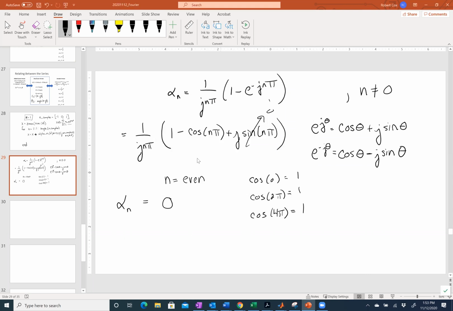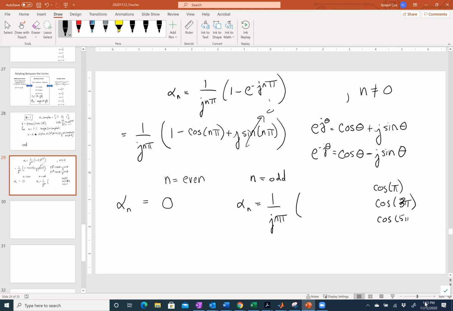Now, if I went through and I said, what happens if n is odd? If n is an odd number, I would have alpha n equal to 1 over j n pi, times what? Well, what's cosine of pi or cosine of 3 pi or cosine of 5 pi?